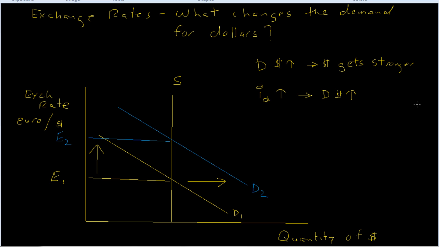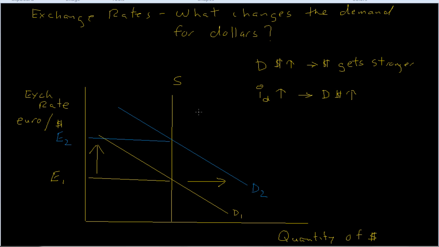Well, it's going to be better for you to invest in the United States. That means that those European investors are going to have to buy dollars. The demand for dollars goes up, and the exchange rate goes up. That is, the number of euros it takes to buy one US dollar increases. So the dollar gets stronger.